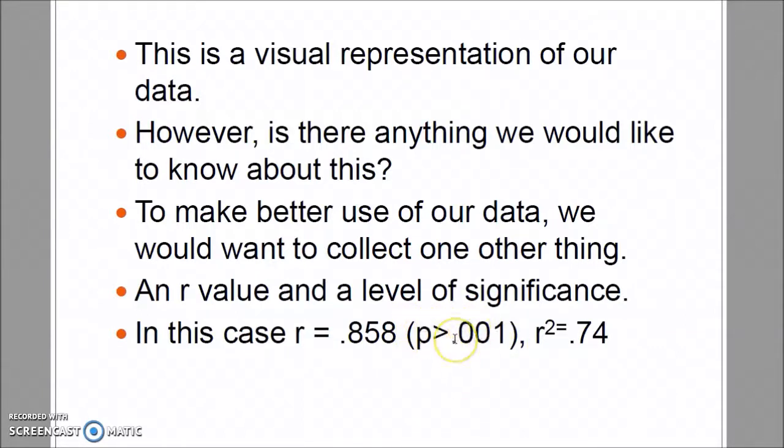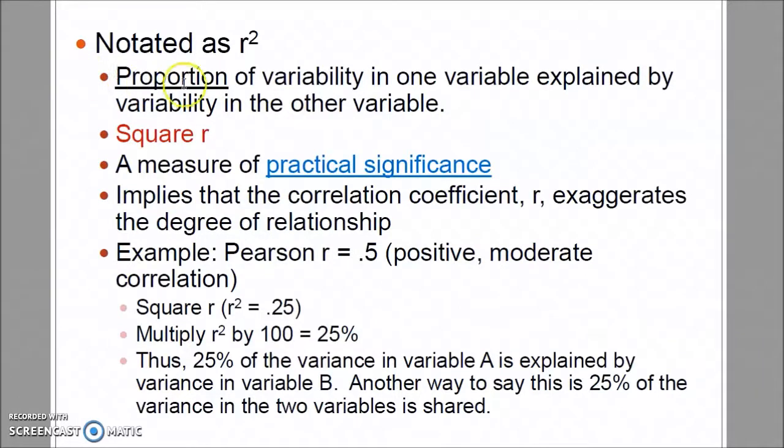We'll talk about this as we go forward, but what you really need to see is the R square. R square is called the proportion of variability. When I square the correlation coefficient, it exaggerates the relationships, and it helps you provide a better way of stating your results.